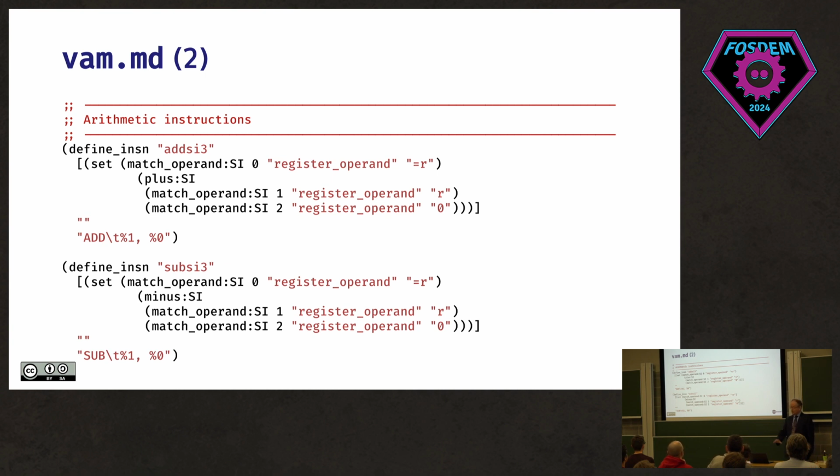The first operand is a destination register. The second operand is a register. Because VAM is a two-address machine, add A, B means add A to B and put the result in B, we actually have to say the destination, so I've constrained it to be 0. That means it's got to be the same as operand 0, which is the destination. I've got the same for subsi3, and the template to generate the code.